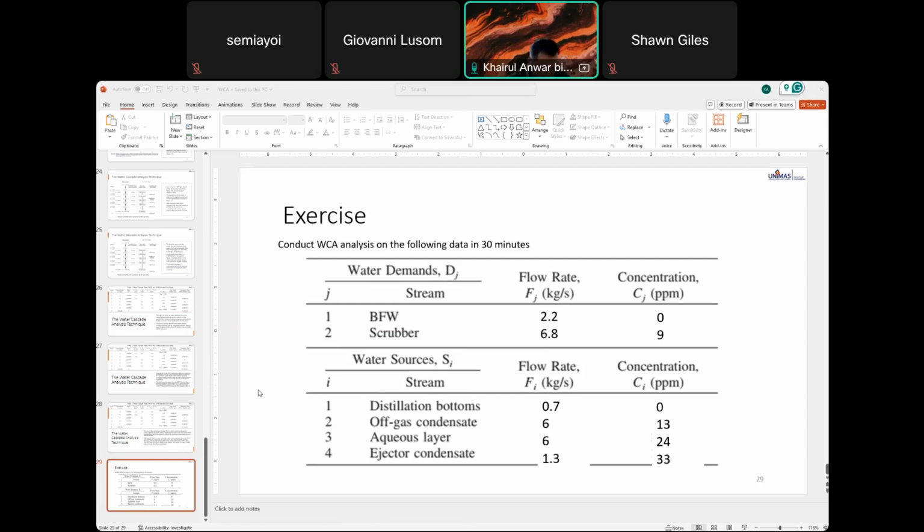Just to show you the case study, the books.